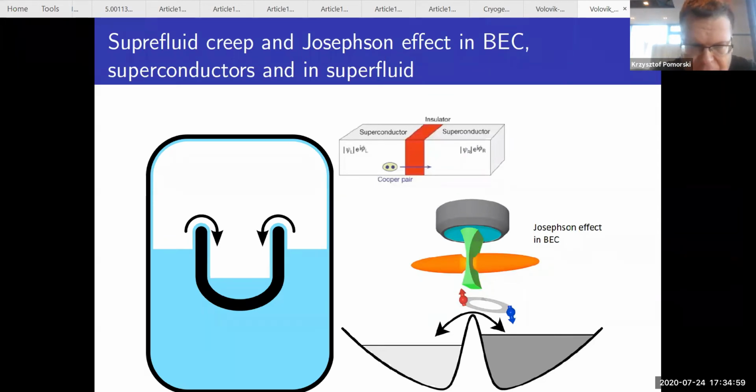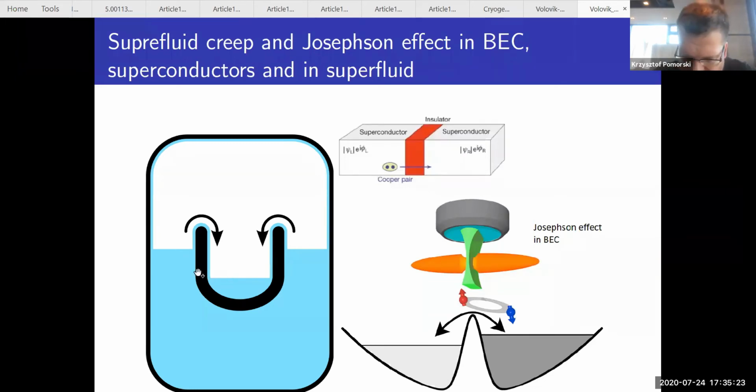A very nice feature of superfluids is that if you have a container with a superfluid, it can happen that your superfluid will crawl on the walls. So basically, you can have initially two different levels.